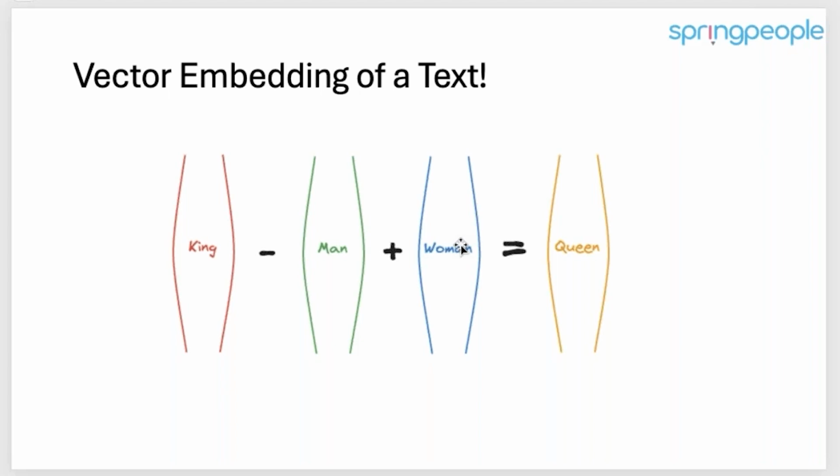And this is that famous equation which changed the way that we are looking at the whole AI space, where it says if I were to remove king, it says king minus man plus woman is equal to queen. And this is something that you just cannot do with the words king, man, and woman.